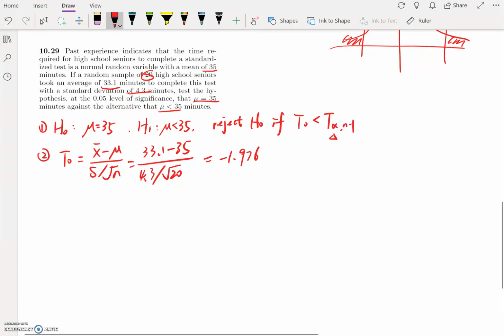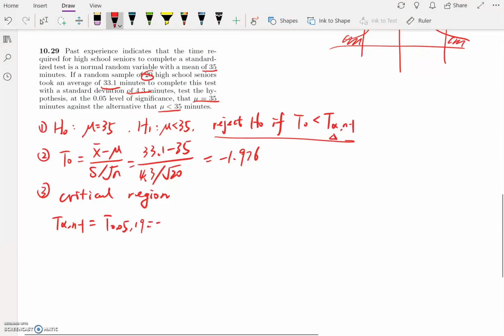Third, step 3. Here we first use the critical region method. The critical region method is just this one. So t alpha, n minus 1 is t 0.05 with 19 degrees of freedom.